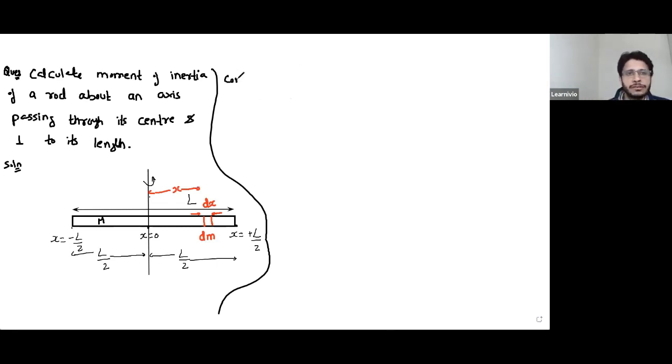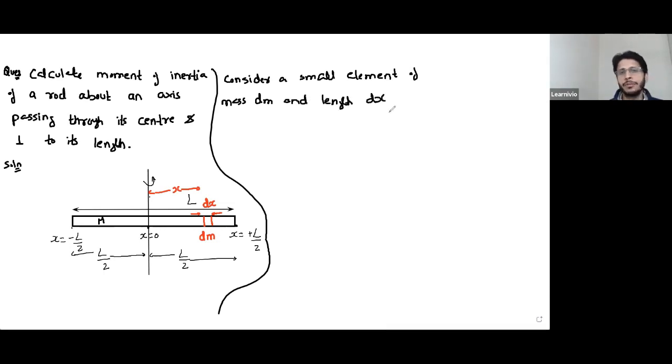So consider a very small element of the rod of mass dm and length dx. I consider a small element having mass dm and length dx at a separation x.